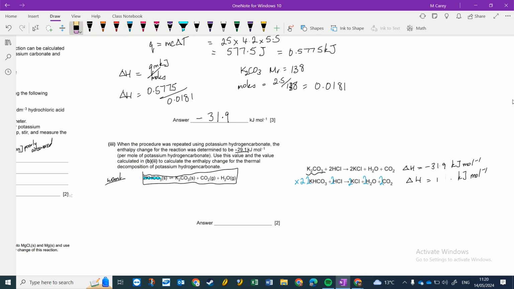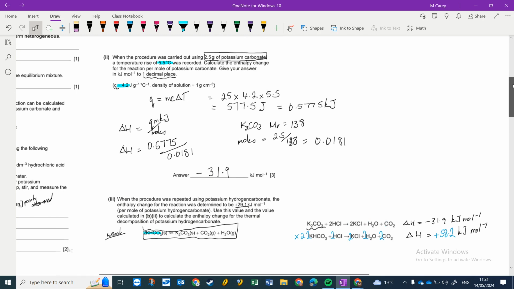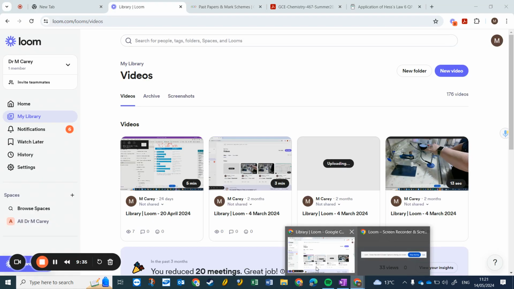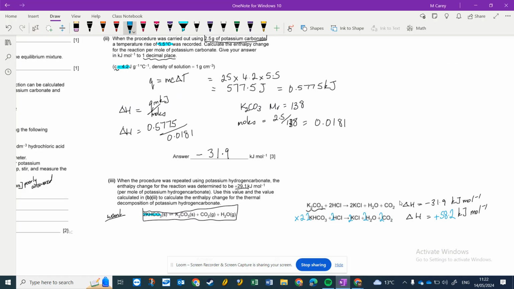We'll have to double this as well. So that'll be 29.1 times 2, 58.2. Okay, so that's now plus 58.2. I have a feeling I've made a mistake, haven't I? No, that's okay. Sorry, just checking. I thought, no, I'm on the right lines.